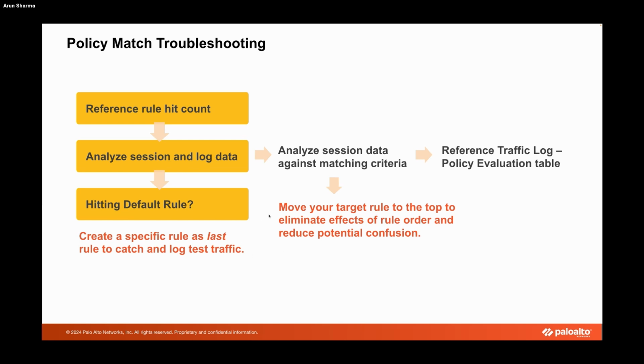So we can have a specific policy, depending on the traffic type, and move it on top just to see are we getting any hits. We don't want to take any packet captures at this point, because we just want to keep it simple and try to identify are we getting any traffic. So this is one of the ways.